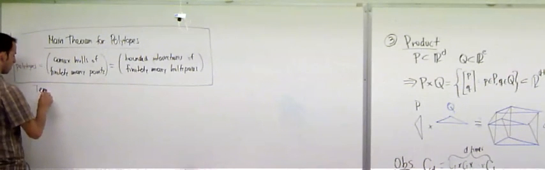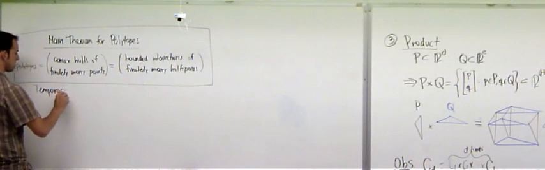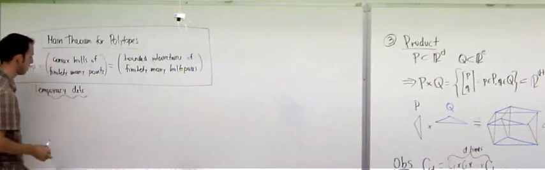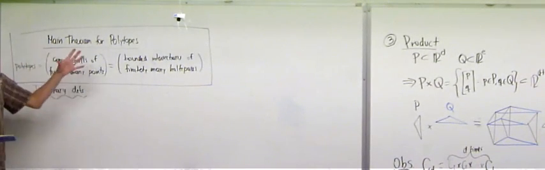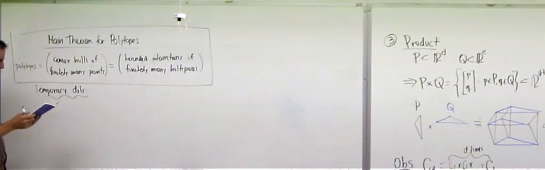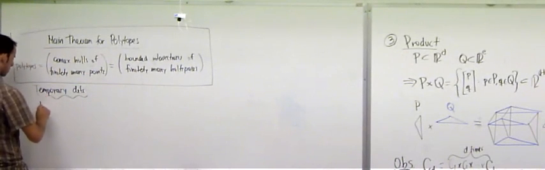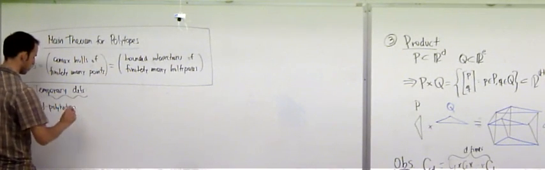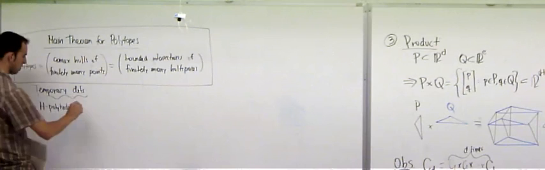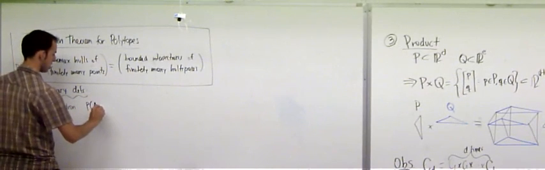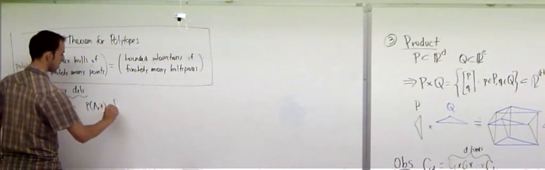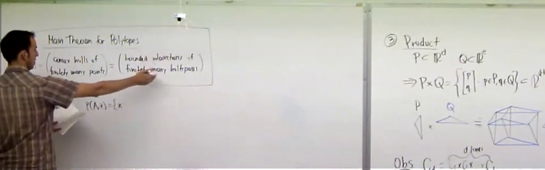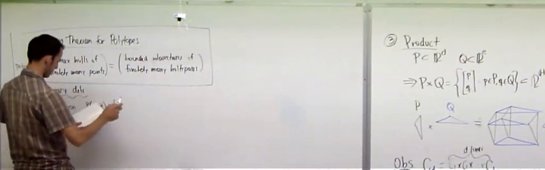Okay? So let me make some temporary definitions. What I mean by temporary is that they are definitions for this proof, and once we finish proving this, they will be unnecessary. So let me define an H polyhedron to be something of the form, and I denote it P of A, Z, and it is basically something described like this, like half spaces.